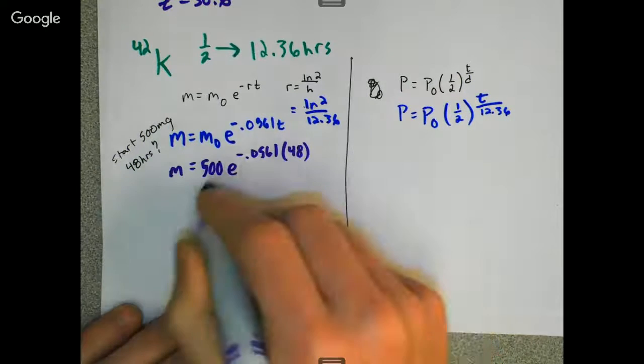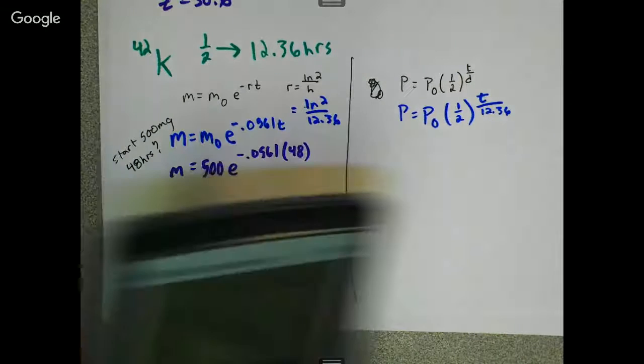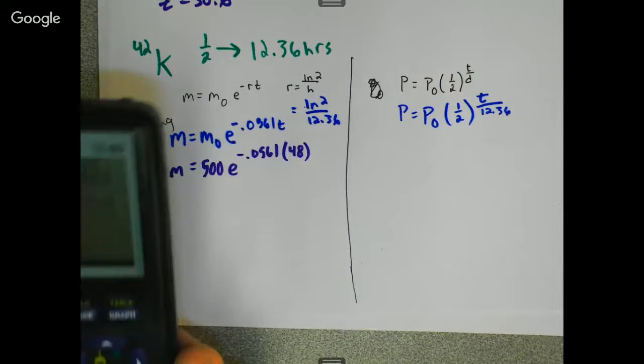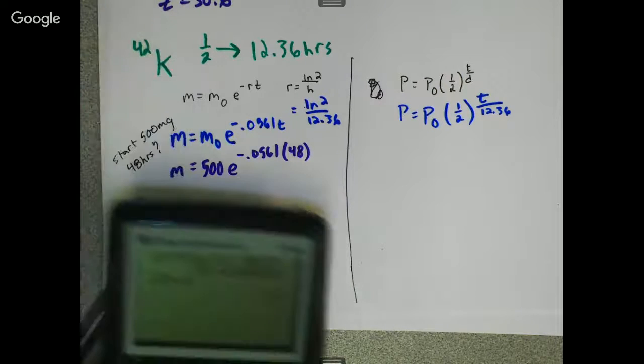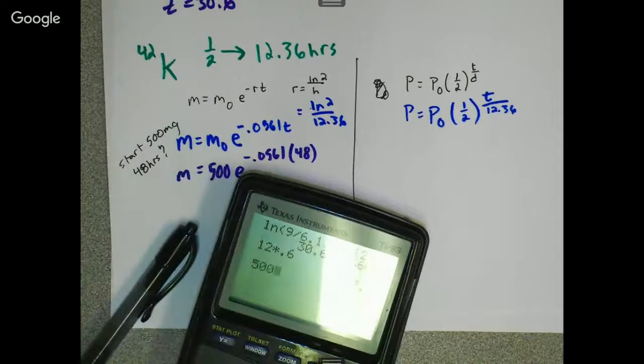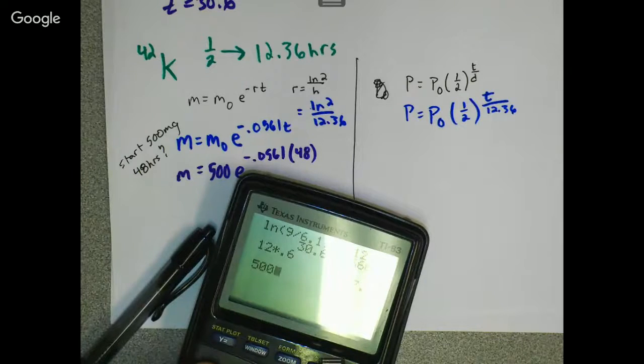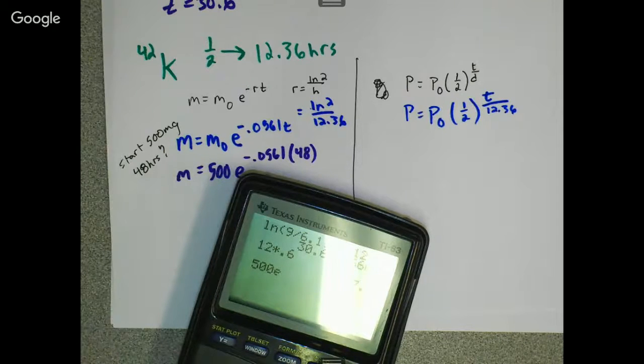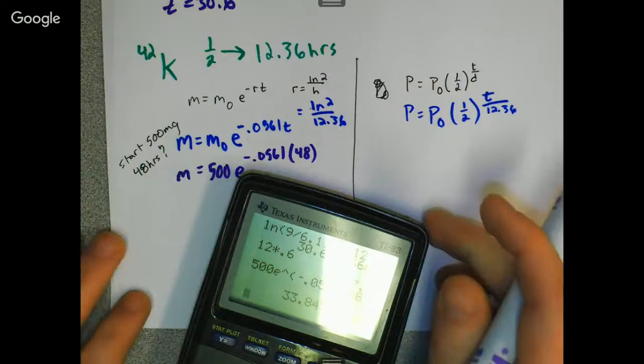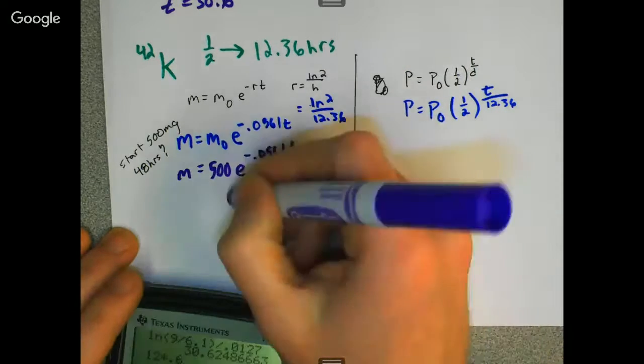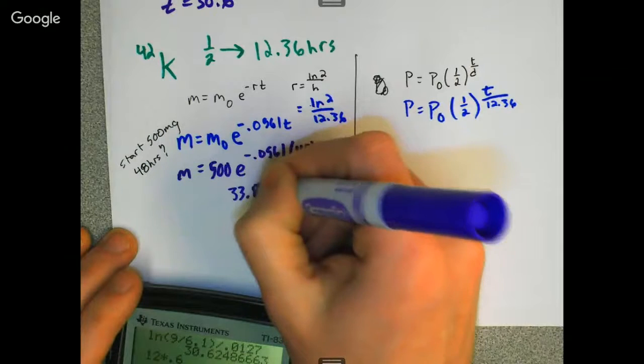Okay, so all I've got to do is put that into the calculator. I have 500 e to the negative 0.0561 times 48. We get 33.85. So 33.85 milligrams.